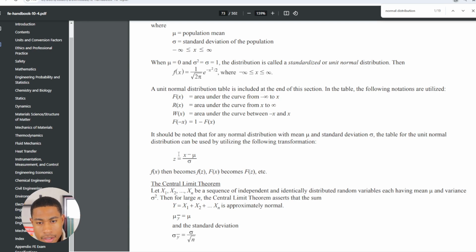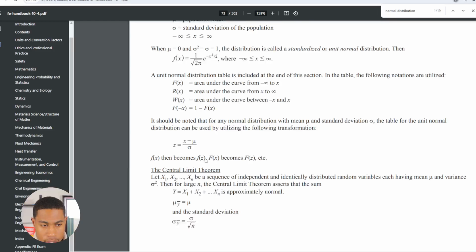So basically, they're going to give you some information, and you're going to want to find what is the probability. That's basically all you're trying to find. That's that z value. So you're going to have whatever x is, a population mean, and a standard deviation, and they're going to say what's the probability. Okay.